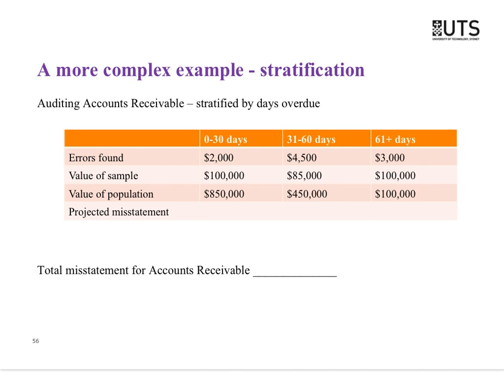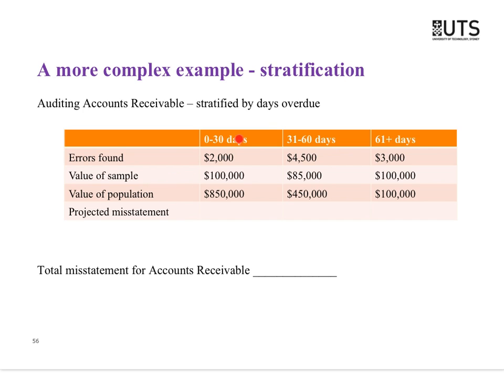Here I have one with stratification, and we're auditing accounts receivable. What I've done is take the entire pool of accounts receivable and break it down into different days overdue: 0 to 30, 31 to 60, and 61 plus. I've got my errors, my value of my sample, and my value of my population.